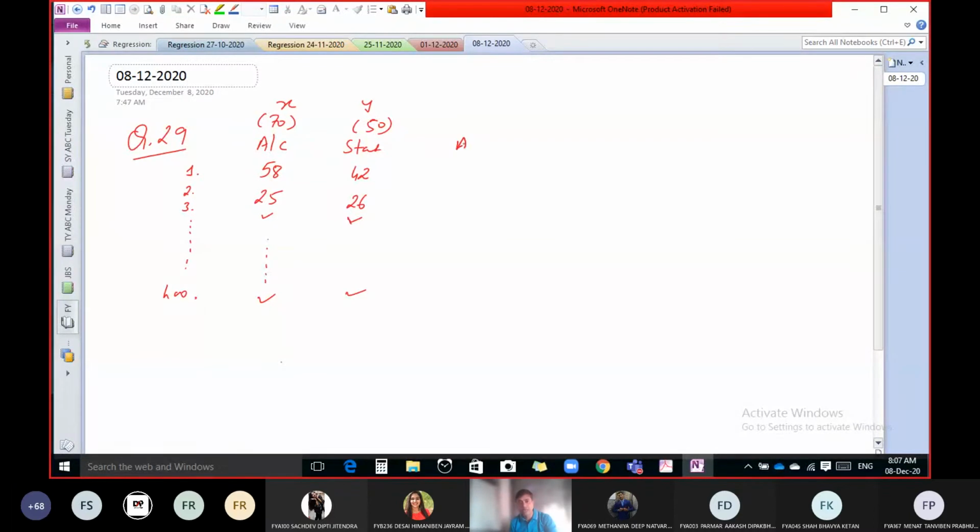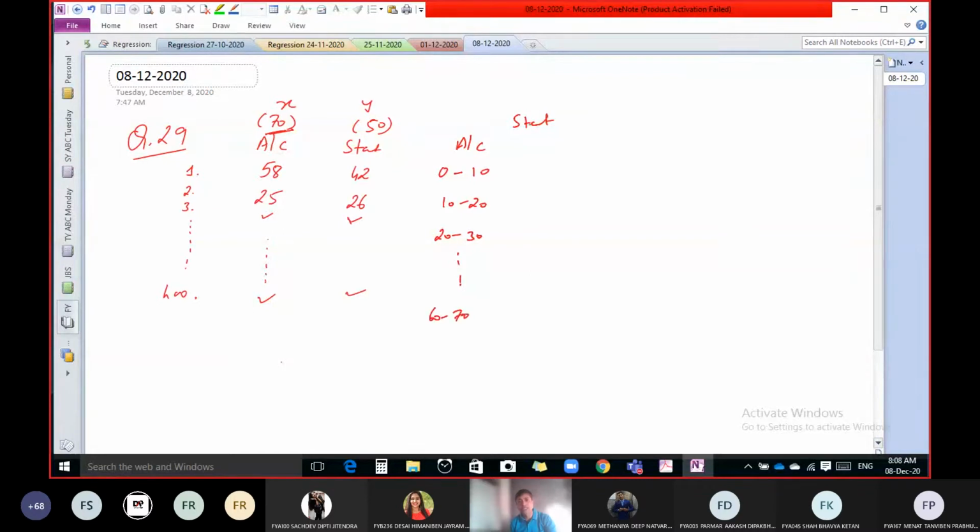Let us write here marks in accountancy and marks in statistics. For accountancy marks, we have a maximum of 70 and minimum 0, so let us say 0 to 10, 10 to 20, 20 to 30, 30 to 40, up to 60 to 70.